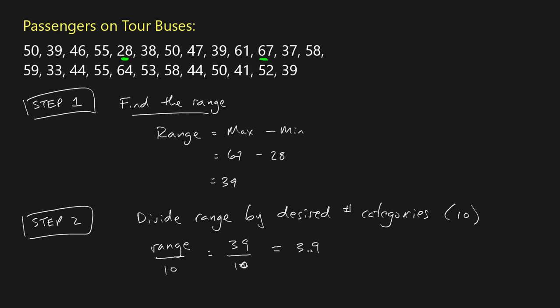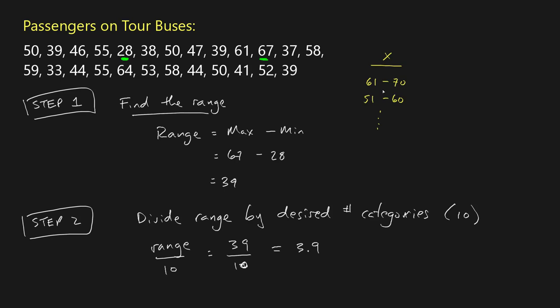Great. So 3.9. What do we do with this? Well, what we're trying to do here is determine just how wide each one of our categories should be. So when I'm setting up my table, these are going to be the categories along the side here. If I had, let's say, something that looked like this, from 61 to 70 as being my highest category, and then below that would be 51 to 60, and so on.